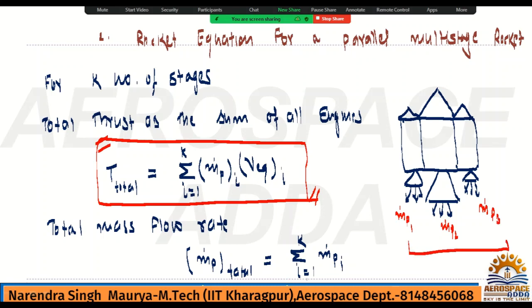Total will be the summation: m dot p1 into V effective 1 for this rocket, m dot p2 into V effective 2 for this middle rocket, and for this third rocket m dot p3 into V effective 3. If you add all, then you will get this, simple only. So this is the thrust and this is the mass flow rate.